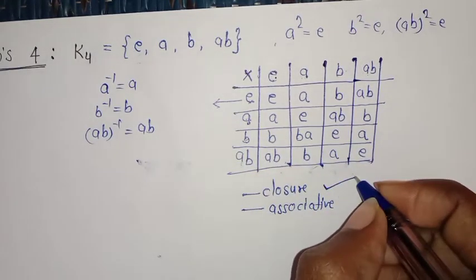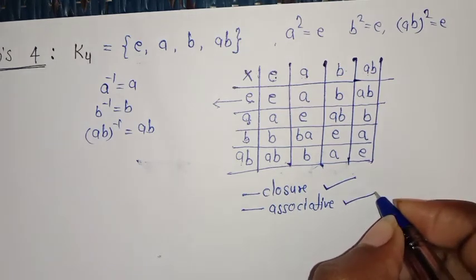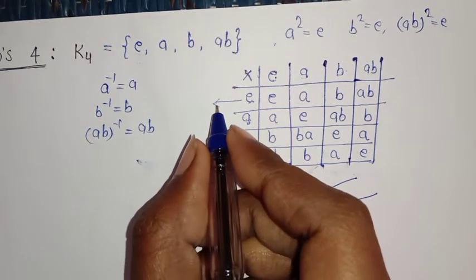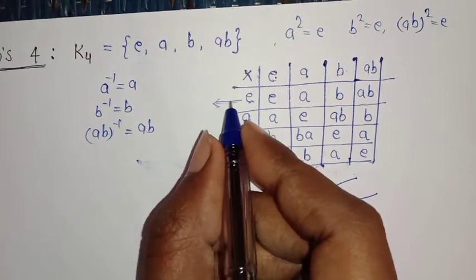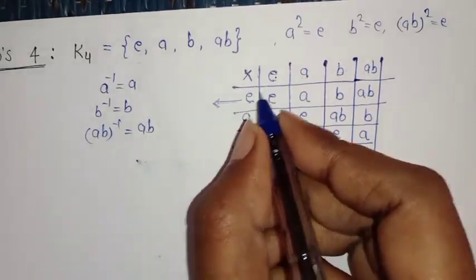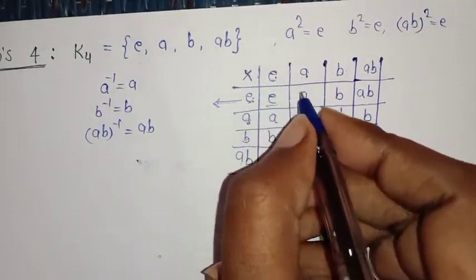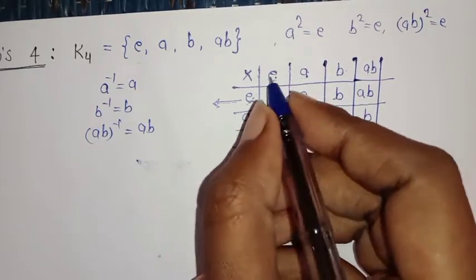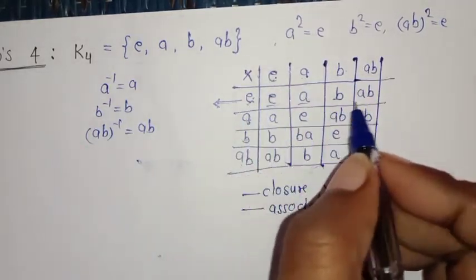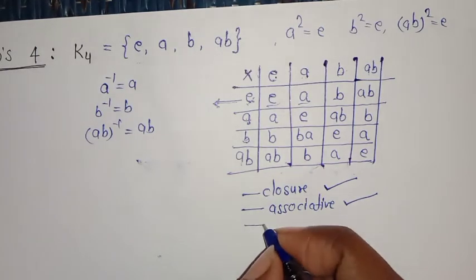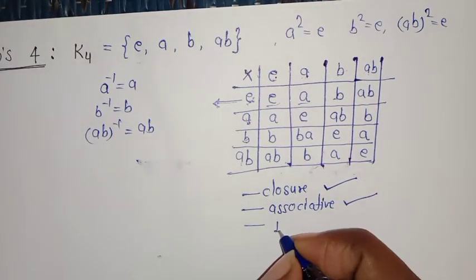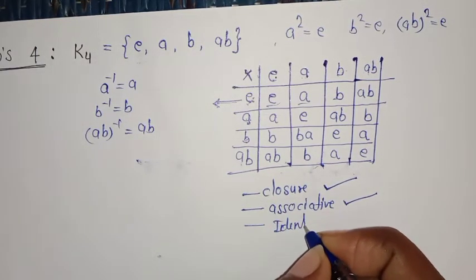Closure property is satisfied, associative property is satisfied, existence of identity is satisfied because here exists an identity. If we multiply any element by this identity, we get the same element. Whenever I multiply any element with E, I get the same element, so the identity property is also satisfied.